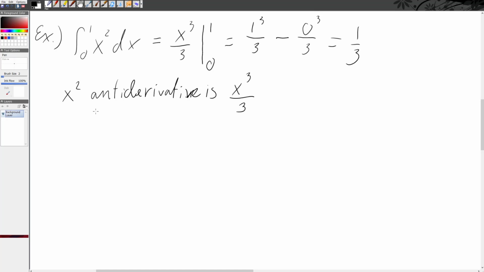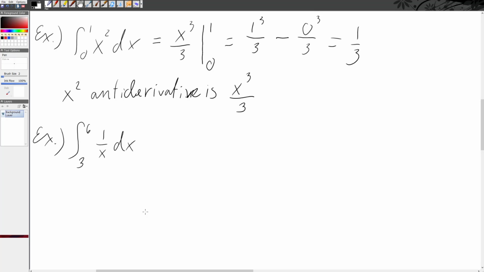And it really does not get any more complicated than this. Finding the integral, you find the antiderivative, you plug in the upper limit of integration, and subtract the lower limit of integration.